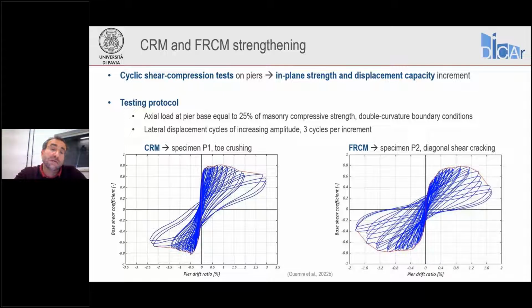Now, in the case of the CRM strengthening, we had a response governed by flexure all the way to the end of the test with extensive toe crushing at the corners of the pier, while with the FRCM, the failure of the specimen was controlled by diagonal shear cracking.